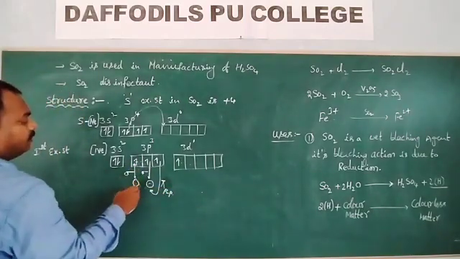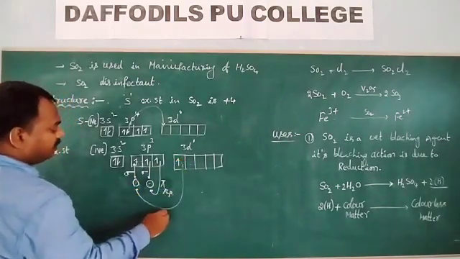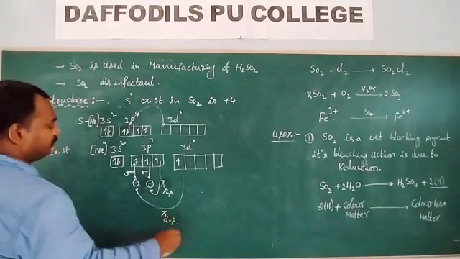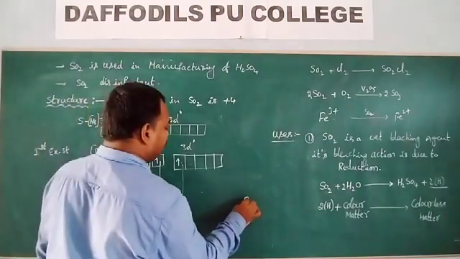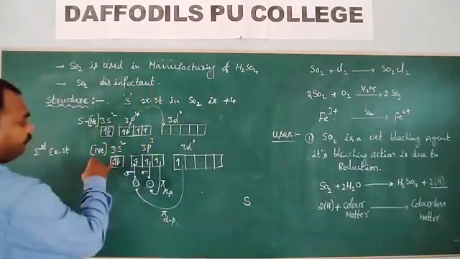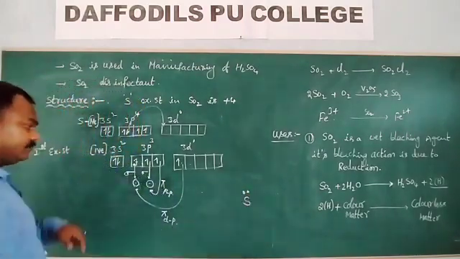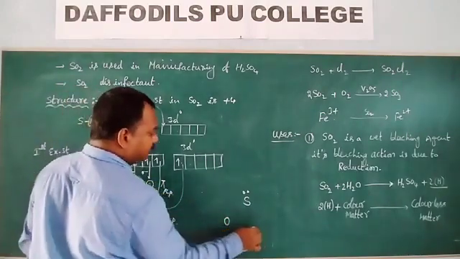Now look here. This is the oxygen p orbital and this is the sulfur d orbital. Then you get the pi dp bond. So the sulfur dioxide structure appears like this. Sulfur with a lone pair of electrons, and 2 oxygens.